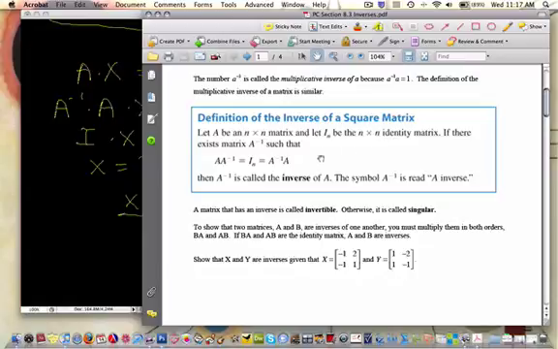And if I is the n by n identity matrix, and there exists a matrix A inverse such that A times A inverse equals the identity matrix, and the inverse of A times A also equals the identity matrix, then A inverse is called the inverse of A, and it's read as A inverse.